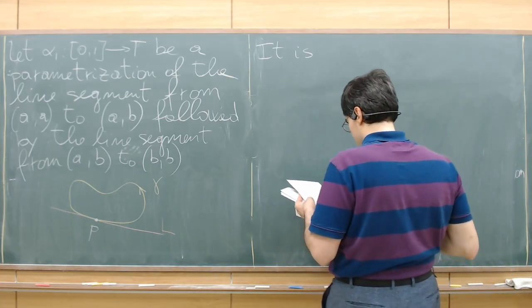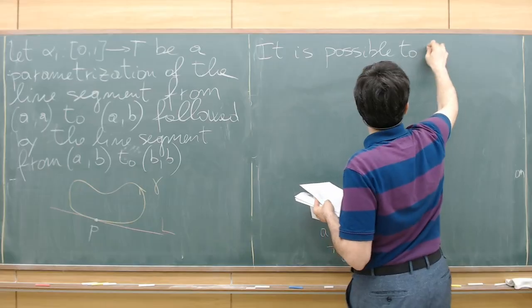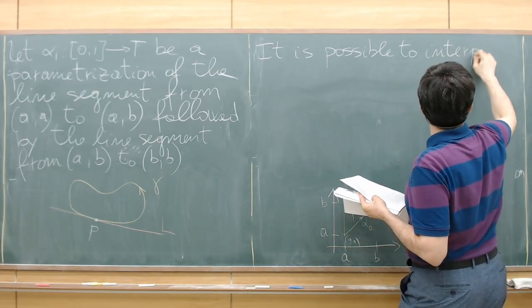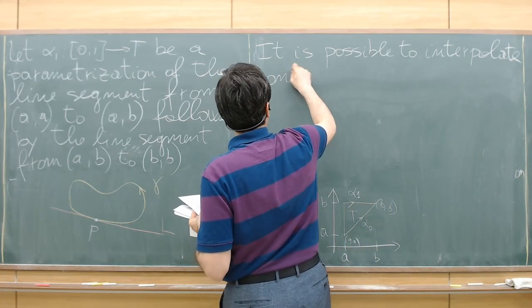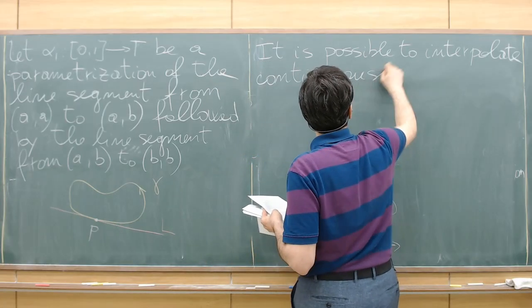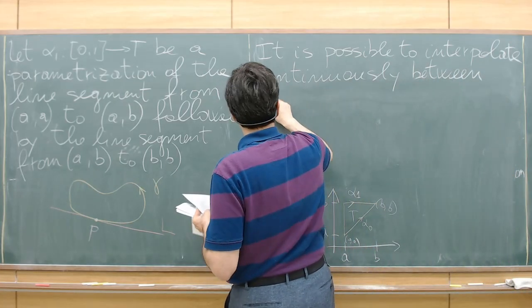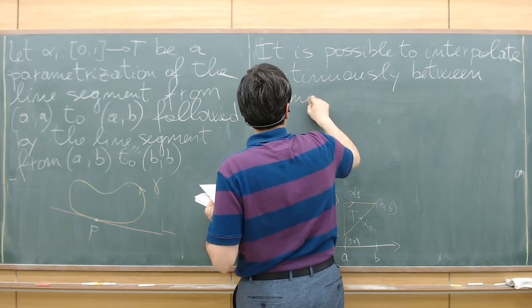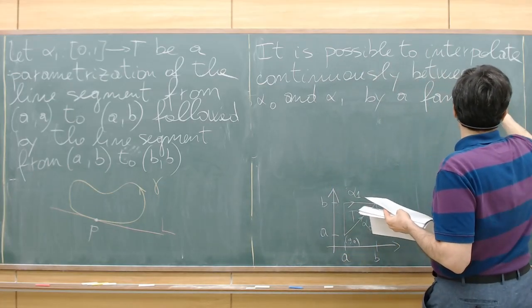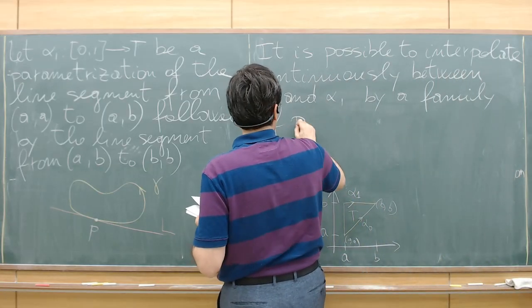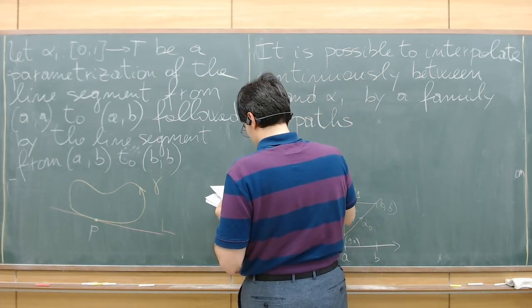So precisely, it is possible to interpolate continuously between alpha 0 and alpha 1 by a family of paths that I will call alpha s.